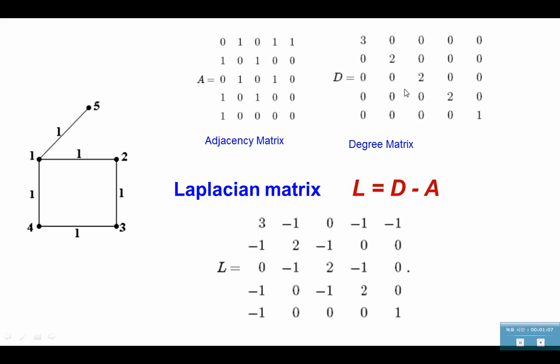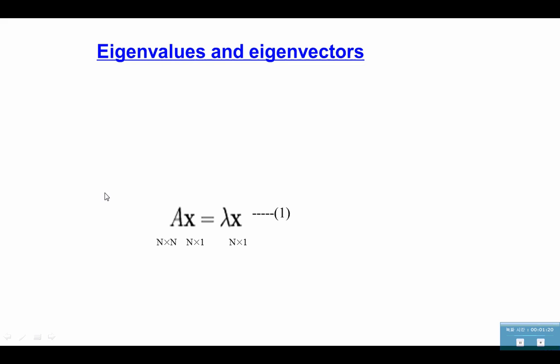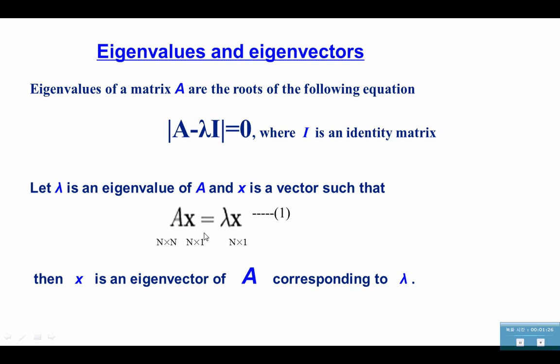So from this degree matrix, subtract the adjacency matrix of the graph, then the Laplacian matrix is defined. So now we have a Laplacian matrix L like this from the graph. Eigenvalues and eigenvectors, you know the definition of these and how to find them.